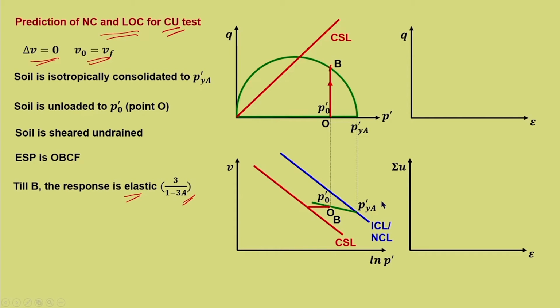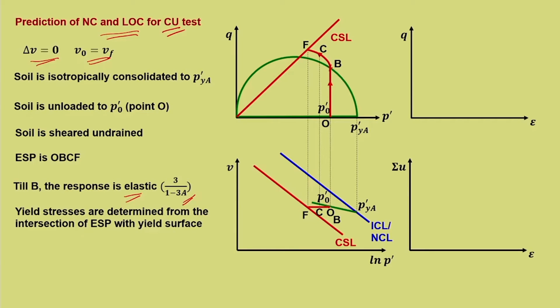Then it fails to critical state line, that is at F. So, it is the curved response and this is an intermittent point C. That intermittent point is marked here. So, from O to F it is a horizontal line. All these things we have already seen before.